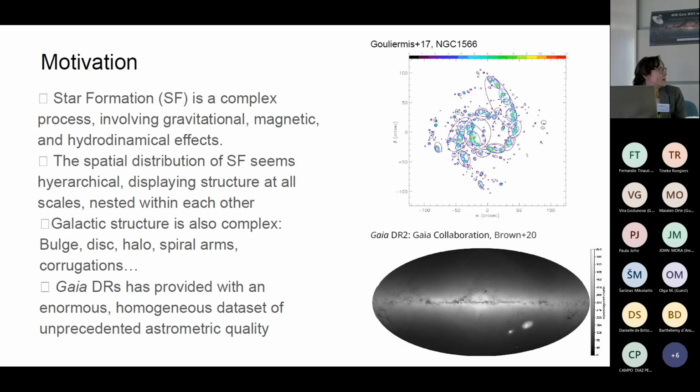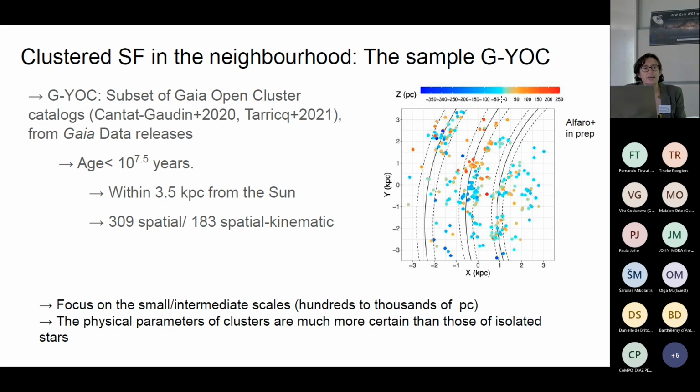And let's say, paraphrasing, that this work I'm going to show already stands on the shoulders of a lot of people that made possible the dataset, the Gaia collaboration. But in this case, it's also based on the work of additional people, because we don't use the data releases directly.